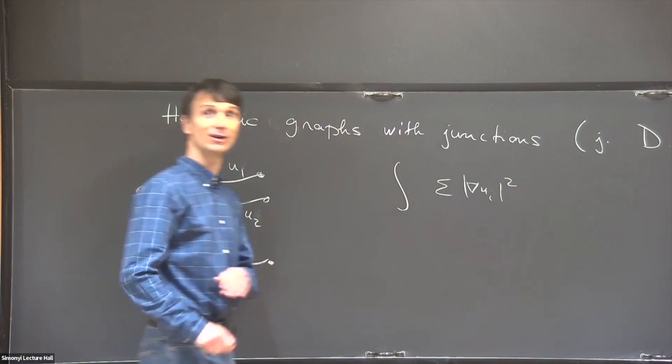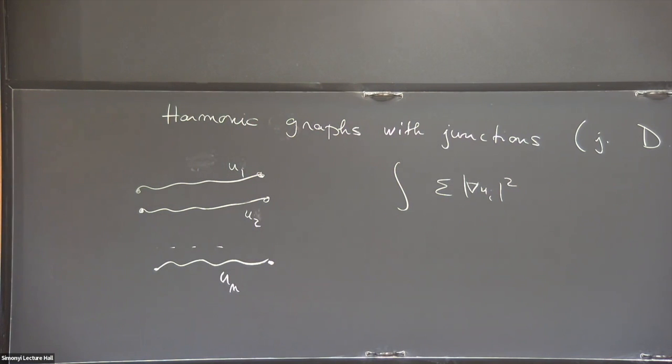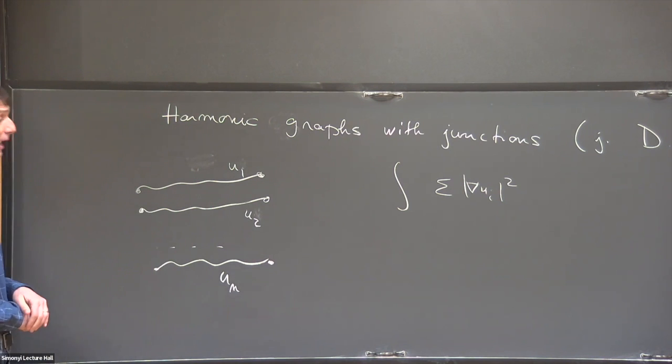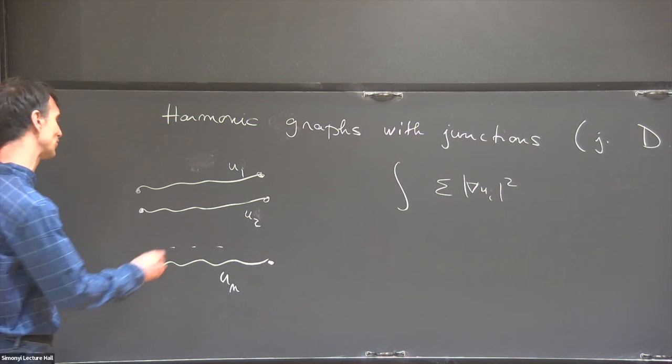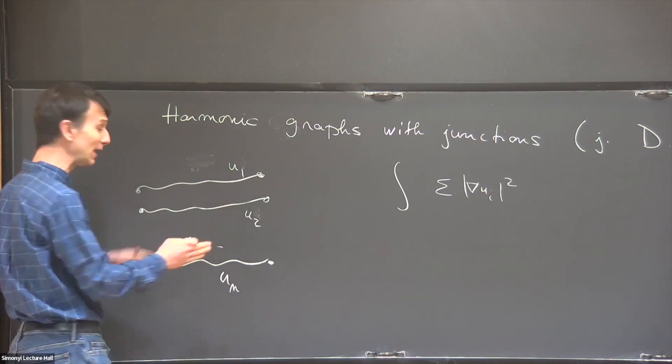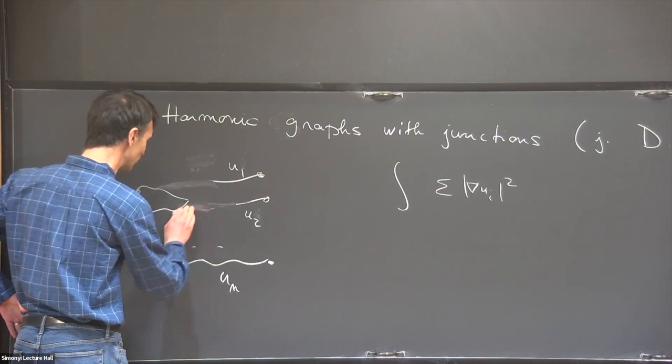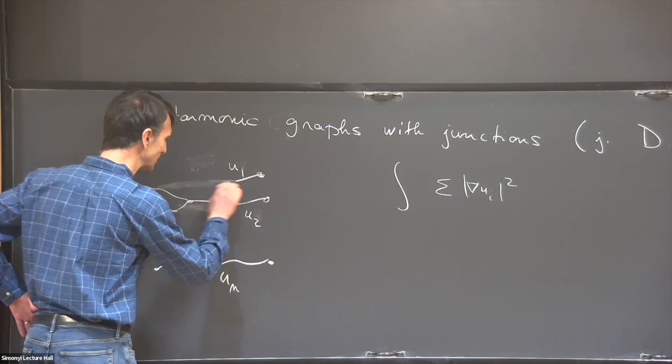These are harmonic functions. But I want to add something to this energy so that these harmonic functions, if they are close enough, prefer to glue to each other and maybe separate later.